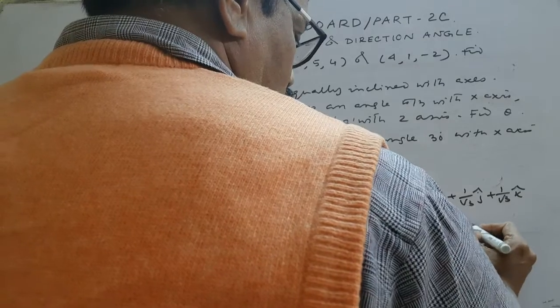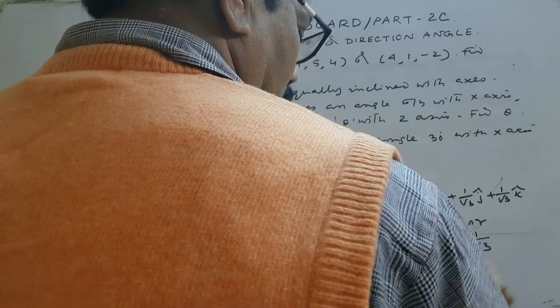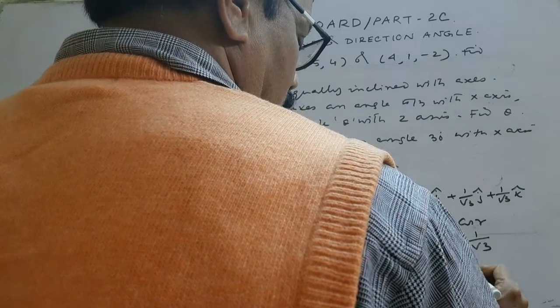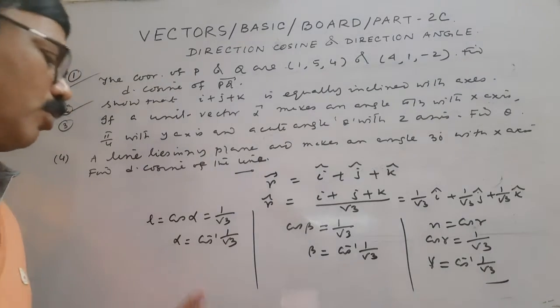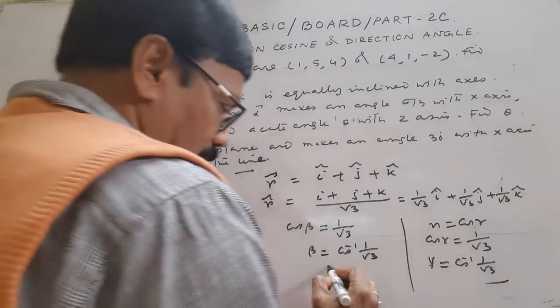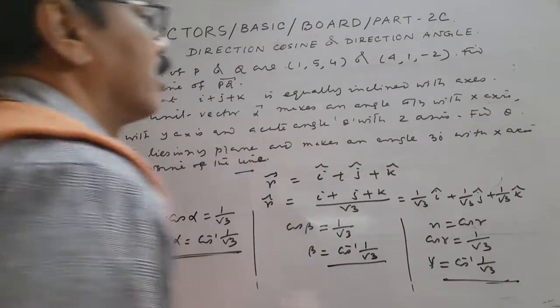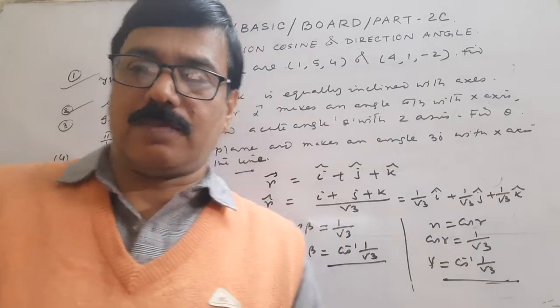And n equals cos gamma, so cos gamma equals again 1 by root 3. So gamma equals cos inverse 1 by root 3. So look, it makes an angle cos inverse 1 by root 3 with x, with y and with z. So it is equally inclined with the axes.